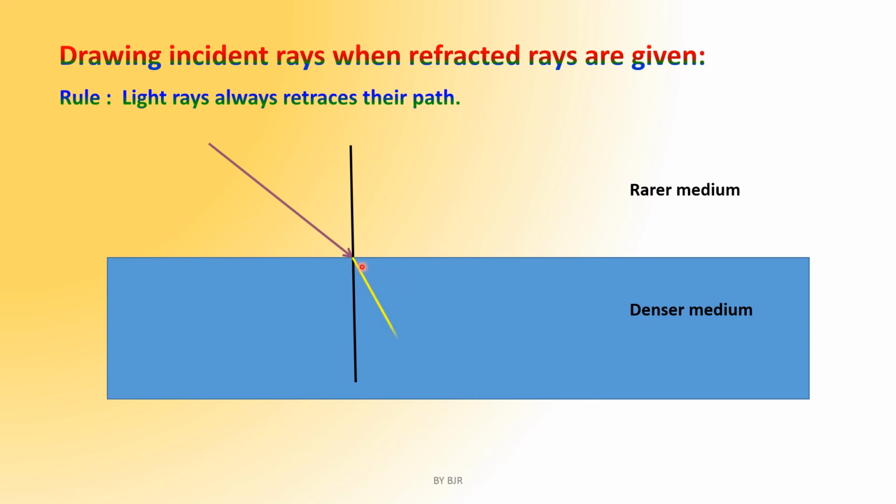This is the refracted ray. If you send this ray back, it will travel exactly in the opposite direction. That means it will retrace its path. See how it is moving back exactly in the opposite direction.